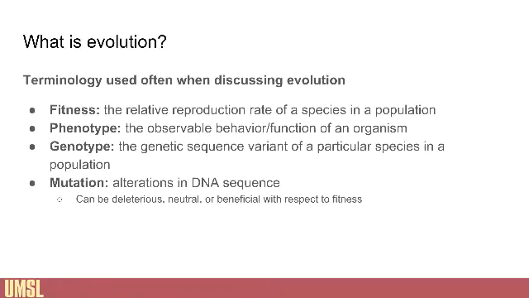Okay? When we talk about phenotype, this is the observable behavior or function of an organism. And so in the context of this course, it's been talking about things like metabolic traits or the ability to cause disease is a phenotype. And so a genotype, this is the genetic sequence variant of a particular species in a population. Okay? So these two things are integrally coupled through the central dogma, right? So genes are replicated, transcribed, and translated into proteins that perform some particular function.